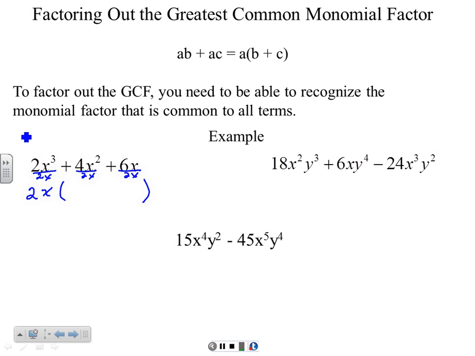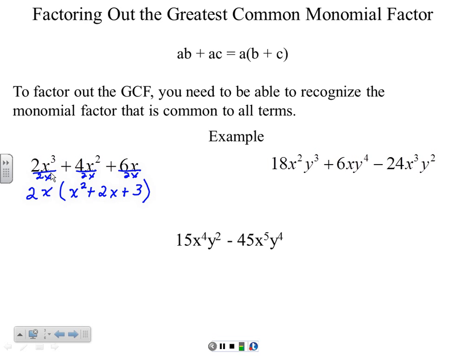If I divide 2x to the third by 2x, the 2's cancel out to 1, and one of the x's cancels out, leaving me with x squared. Plus 4x squared divided by 2x leaves me with 2x. And then plus 6x divided by 2x is going to be 3.